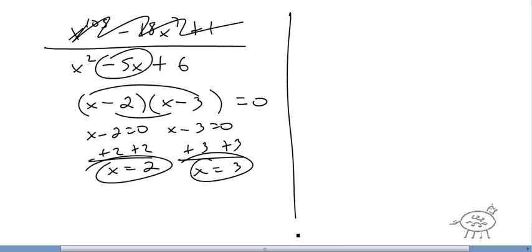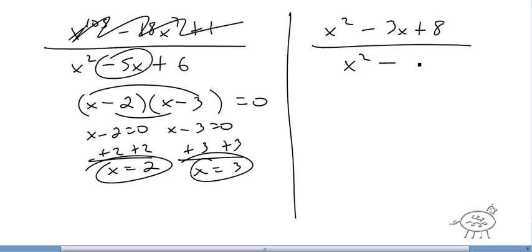Okay, let's try a couple more here. X squared minus 3x plus 8 over x squared minus 3x. Okay, and again, just remember how to factor, guys. Don't look at this problem and go, gee, it's two terms, what can I do? For every problem, you ought to look at greatest common factor. I can't stress that enough.